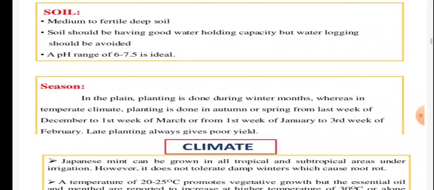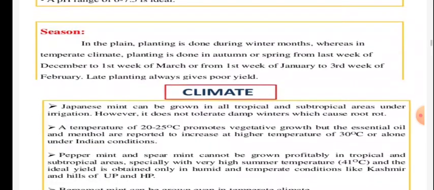The soil required for this is medium fertile deep soil. Soil should have water holding capacity, but water logging should be avoided. The pH range is from acidic to near neutral, 6 to 7.5 being ideal. The season for planting is winter, from December to March, or from the first week of January to the third week of February.